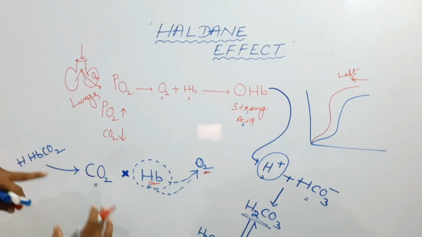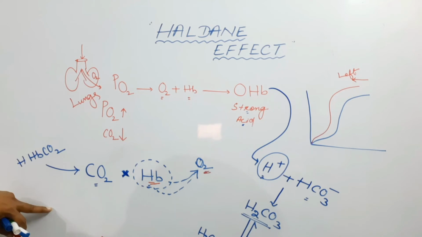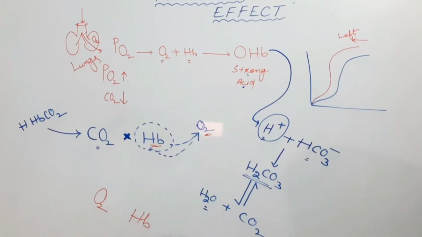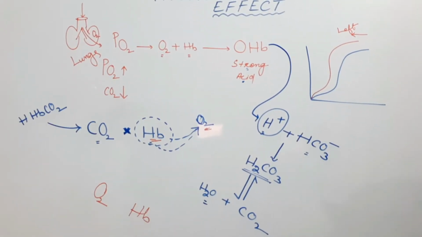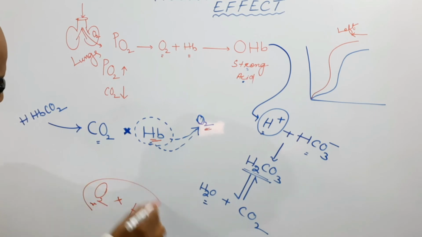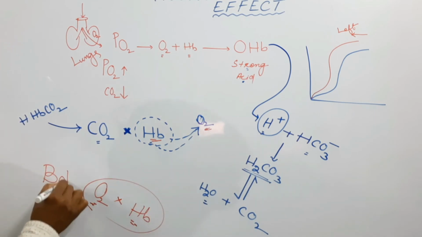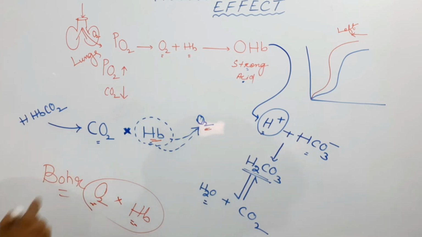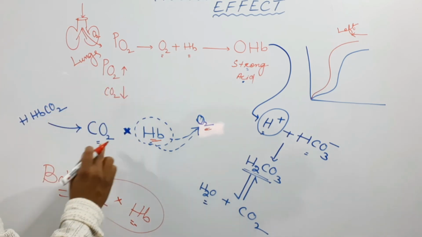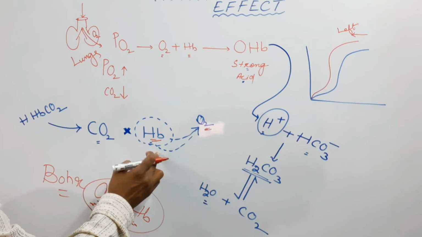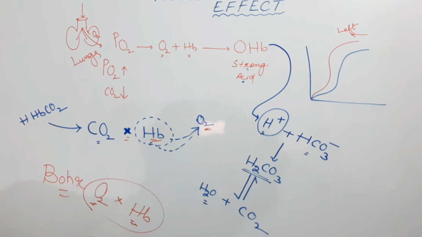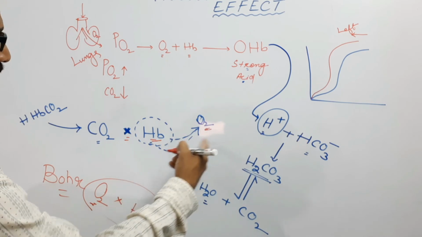But in the case of the Bohr effect, the affinity between oxygen and hemoglobin is decreasing. In the case of the Haldane effect, the affinity of carbon dioxide and hemoglobin is decreasing here, but the affinity of hemoglobin and oxygen is increasing.